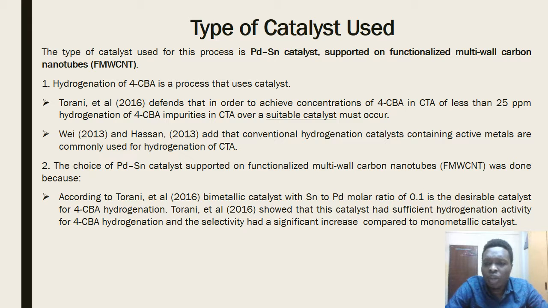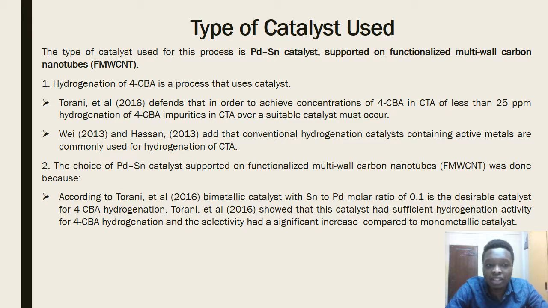So why does this process involve the use of catalyst? According to Torani et al. 2016, in order to achieve a concentration of 4-CBA in CTA of less than 25 ppm, which is the concentration required for it to be considered as pure TA, hydrogenation of 4-CBA impurities in CTA over a suitable catalyst must occur.